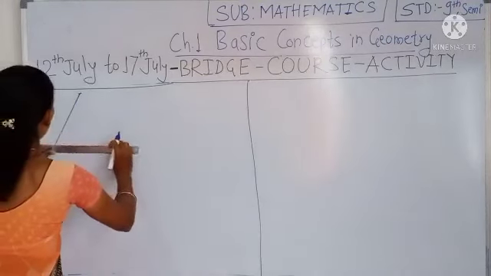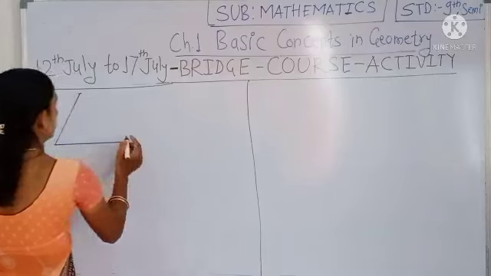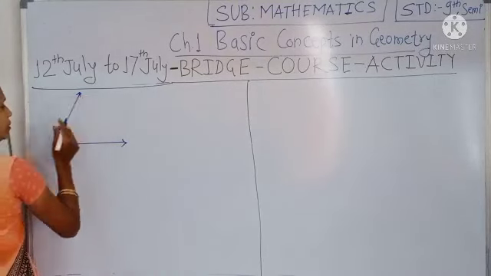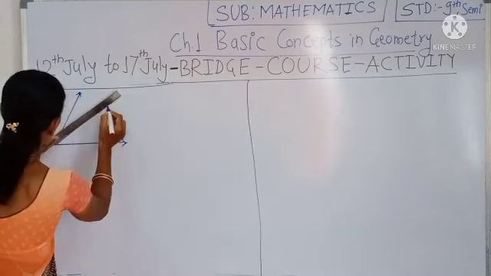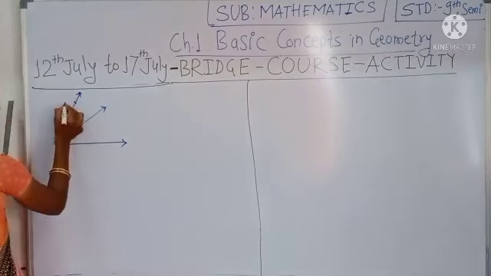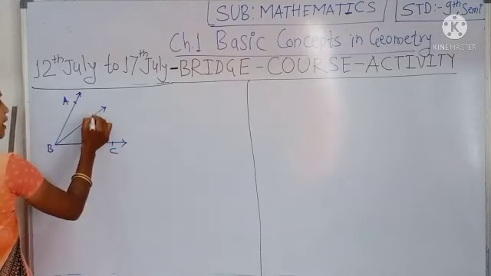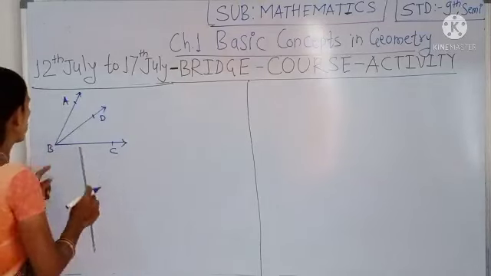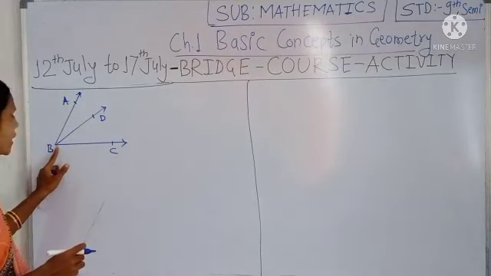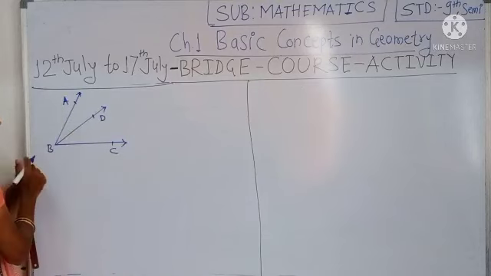See here, the figure of angle is drawn here. See here, angle ABC and ray BD which is drawn passing through the vertex B. Therefore, two angles are formed.